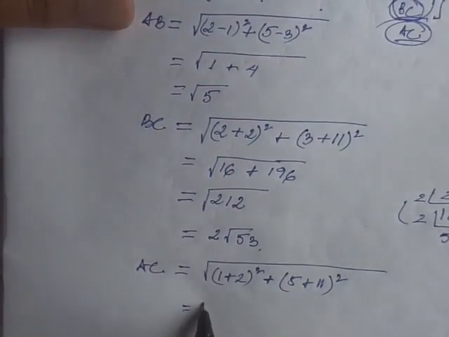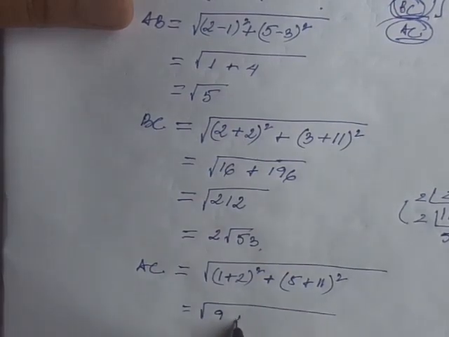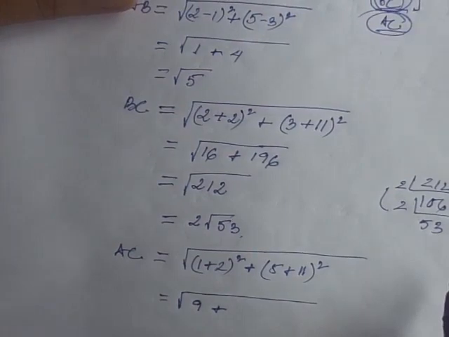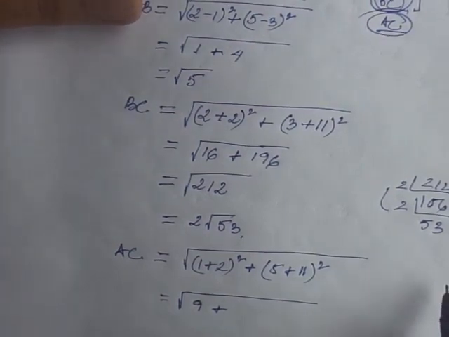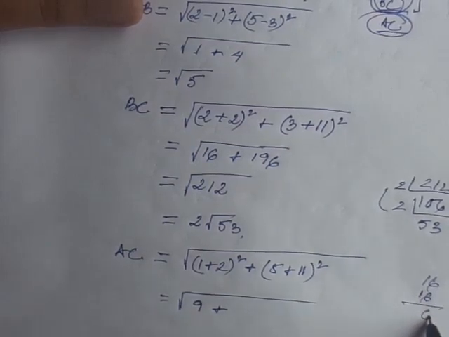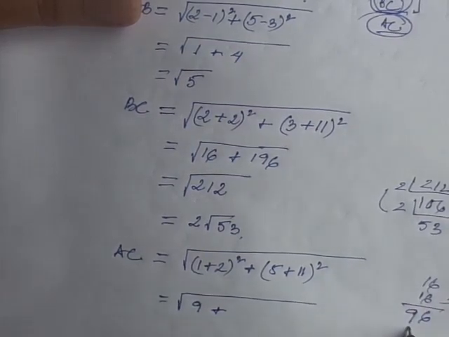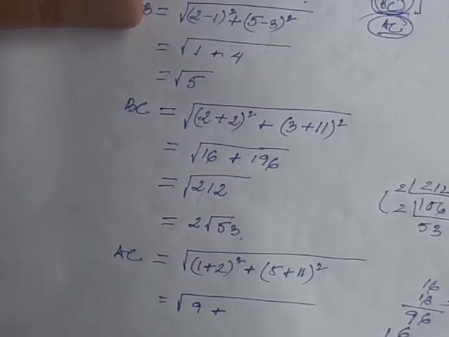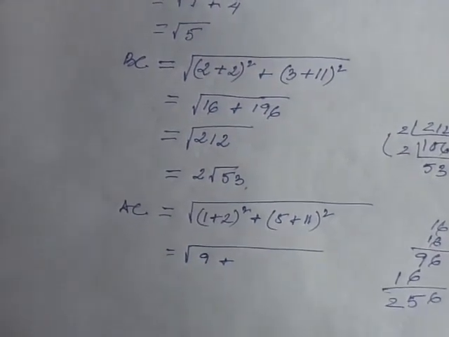Then here we get 3 square is 9, then plus 16 square. 16 square is how much? 16, 6 sixes are 36, carry 3, so we get 256.